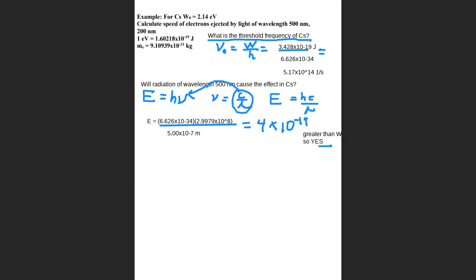Finally, allow me to define the cutoff wavelength, which is the wavelength corresponding to the threshold frequency.